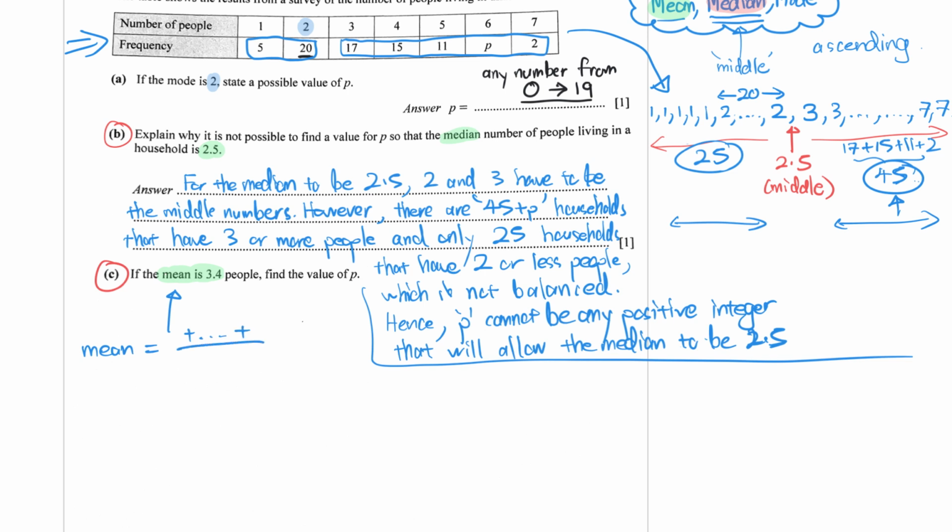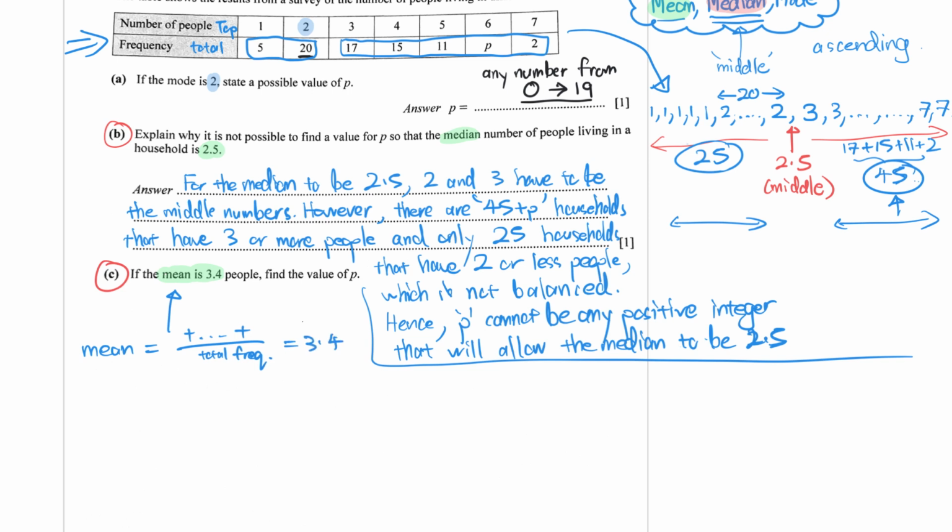And then divided by the total number of the frequency. Okay, so the total of the number of people multiplied by the frequency, divided by the total frequency on this row. Right, so that would give us 3.4.